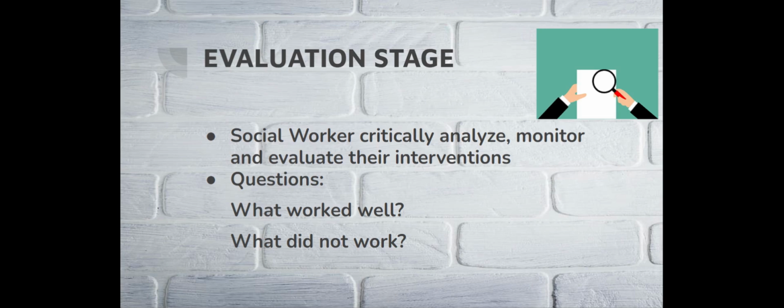For instance, what worked well and why? Or what did not work well and why it did not work well? This procedure is very vital in the sense of best practices, whereby the social worker can glean from their intervention whether it was effective or if they have to go back to the drawing board.